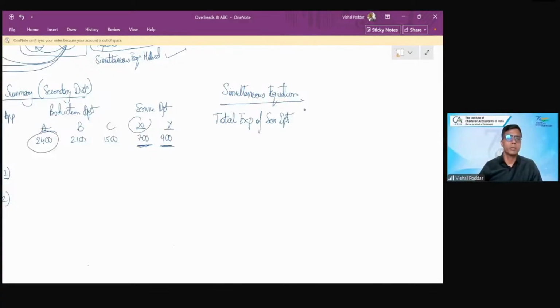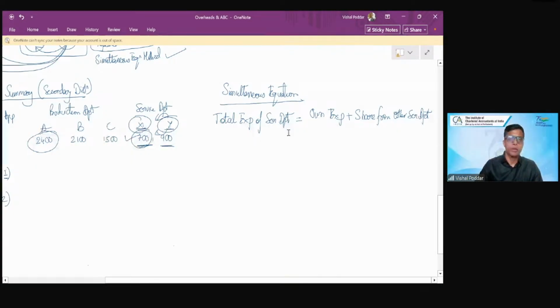Any service department, be it X or Y. The total expense of any service department will be its own expense, that is, in case of X, it is this, plus whatever share it gets from the other service department. So what will be the total cost of X? It is the own expense of X plus whatever it is getting from Y. This will be the total cost of any service department.